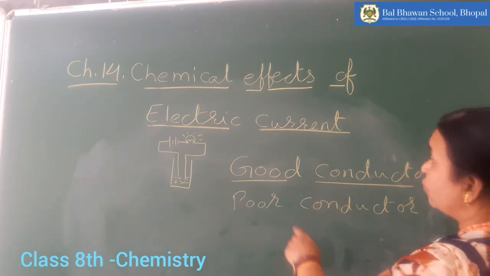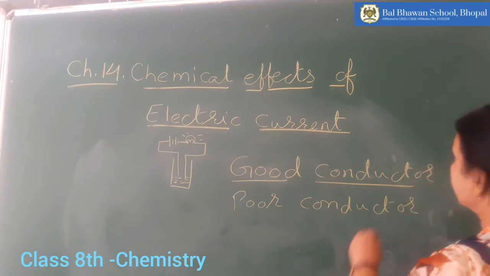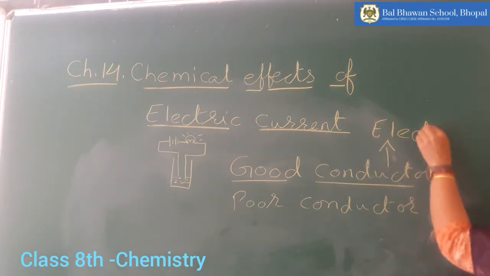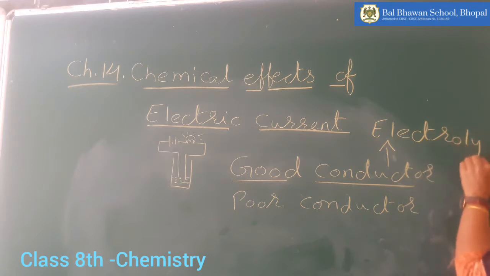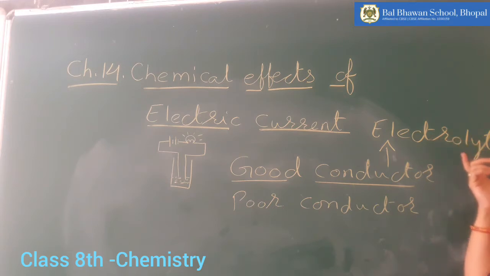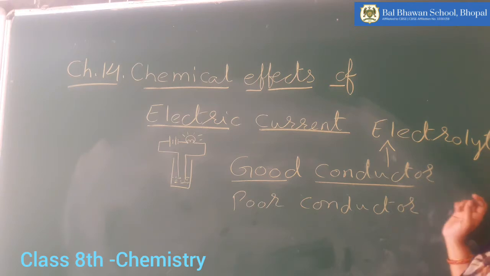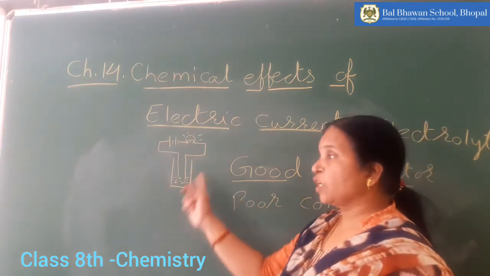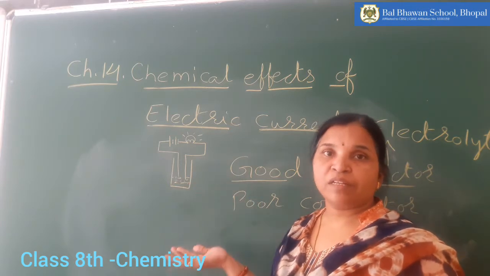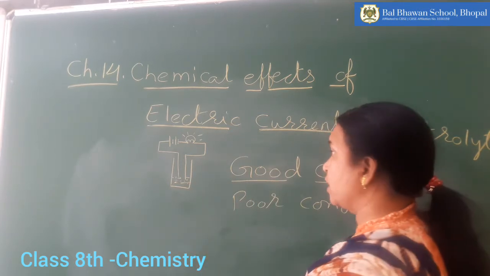The other name for this good conductor of electricity is electrolyte. It is the liquid or solution which allows the current to pass through it and at the same time undergoes chemical change, and is known as an electrolyte.